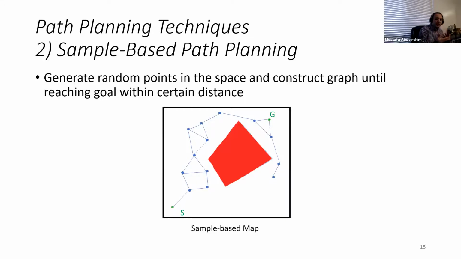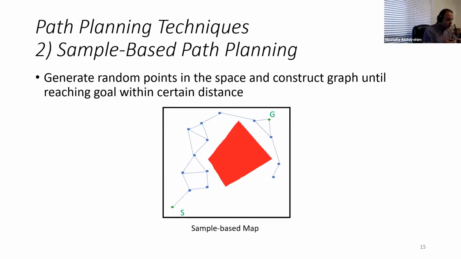So they came up with another method called sample-based planning, in which we just choose random points in the environment and check if a point is intersecting with an obstacle, then we avoid it. If it's away from the obstacle, then we include it and connect it to our graph.